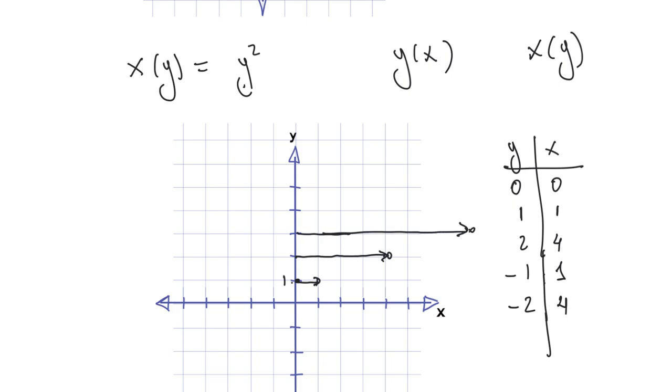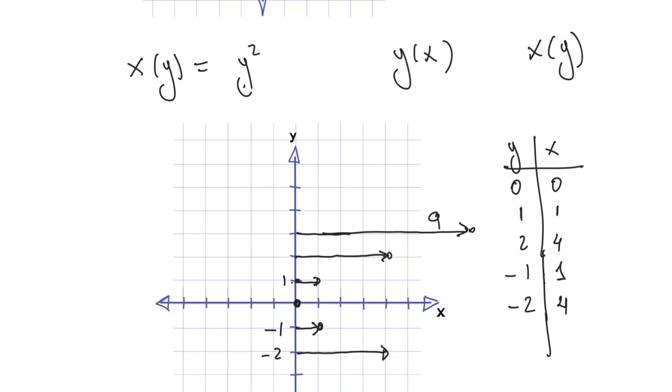It will be like this, 9 units in the x direction. If y is 0, x is 0. But if y is minus 1, the x will be 1. If y is minus 2, the x will be 4.